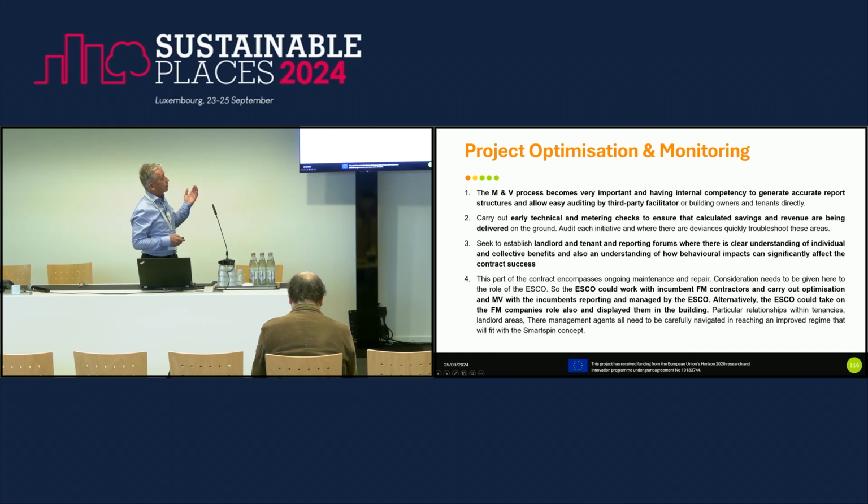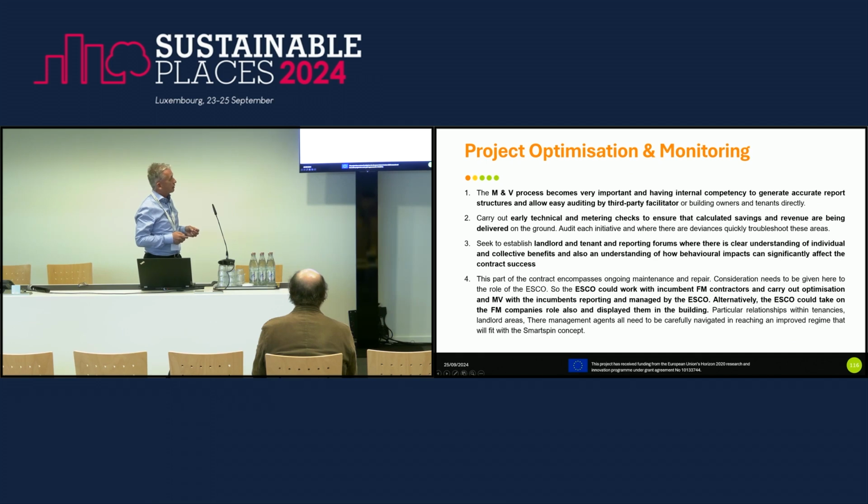So then you get into the service phase. We've built out the project. What are the advices then? So the M&V process becomes very important, and having internal competency to generate accurate report structures and allow easy auditing by a third-party facilitator. Carry out early technical and metering checks to ensure that calculated energy savings and revenue are being delivered.